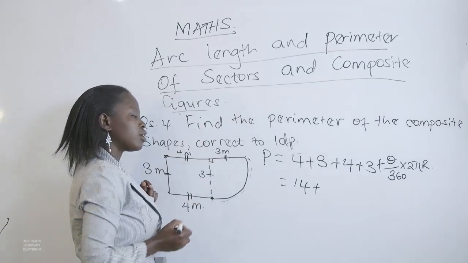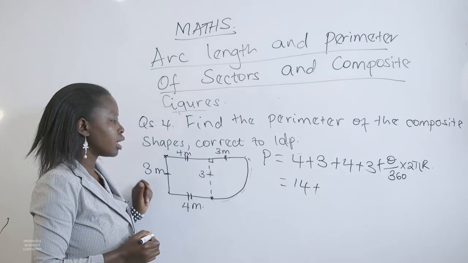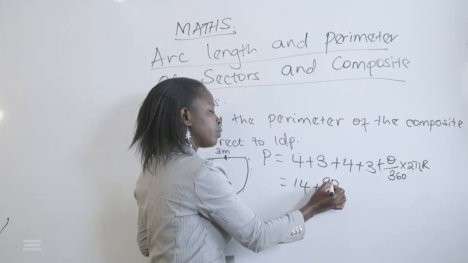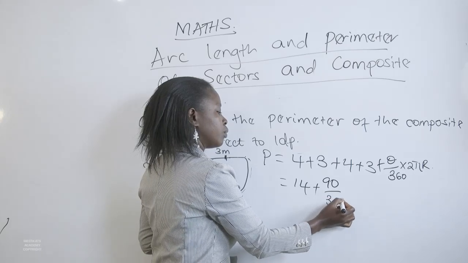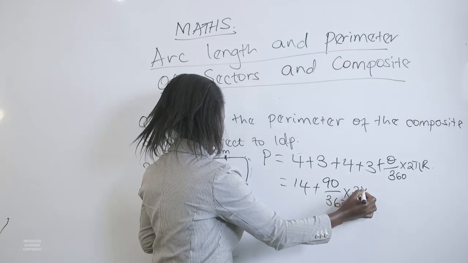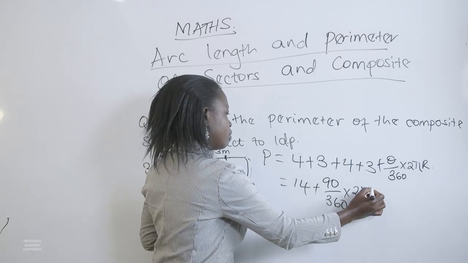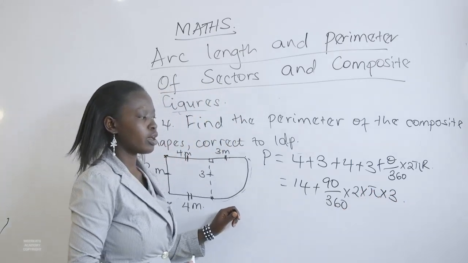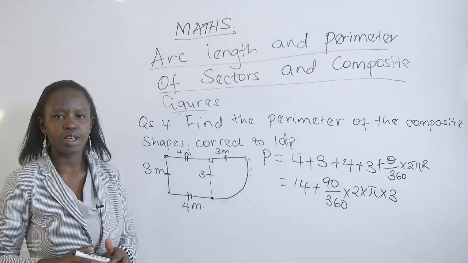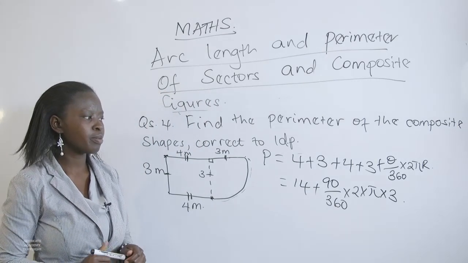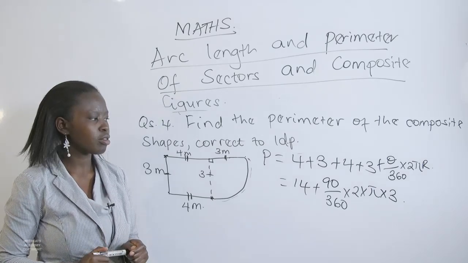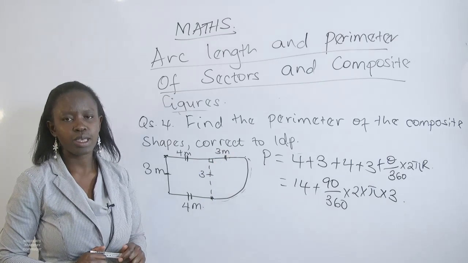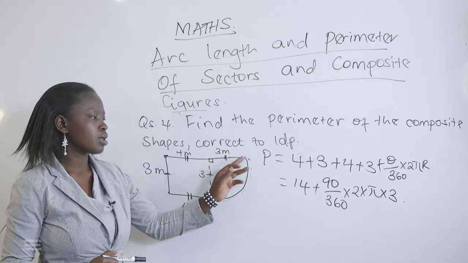So this is 90 degrees subtended at the center of our circle. So we have 90 over 360 times 2 times pi times 3, which is our radius in that case. So our radius is 3 meters.